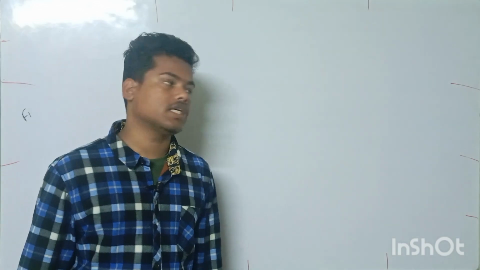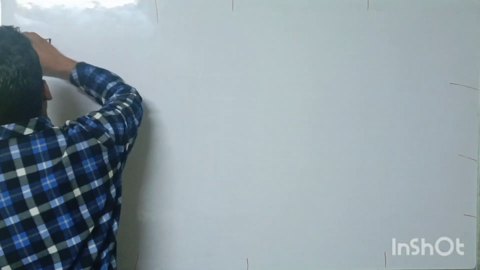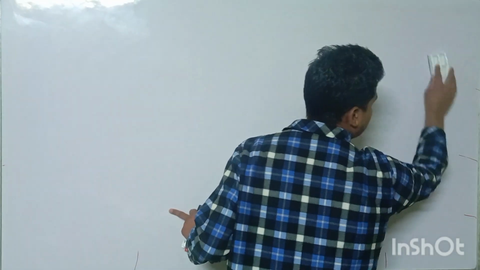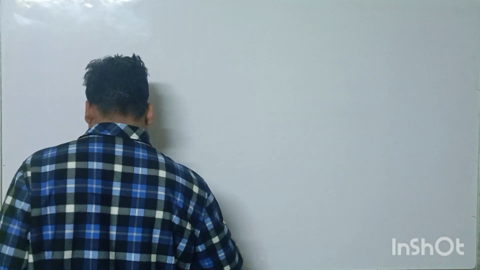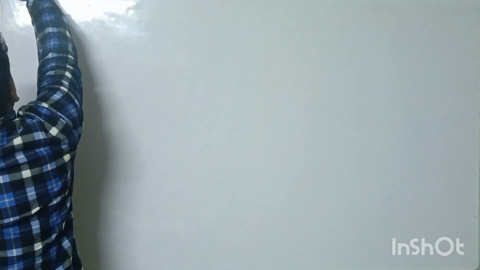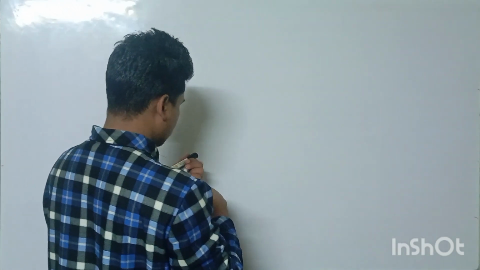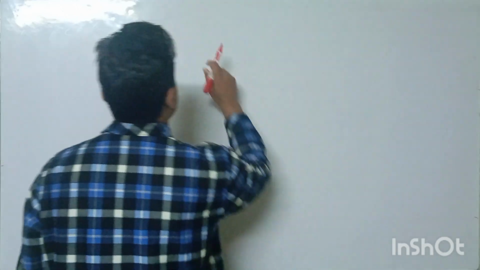So let's start. And if you are studying for second year, please refer to this classification that I am going to explain, and for first year please refer to the classification according to the antihypertensive drugs.